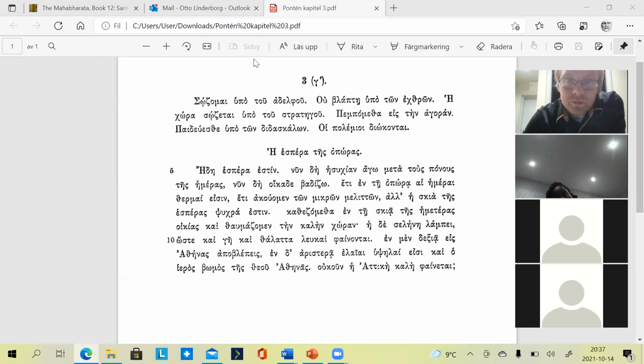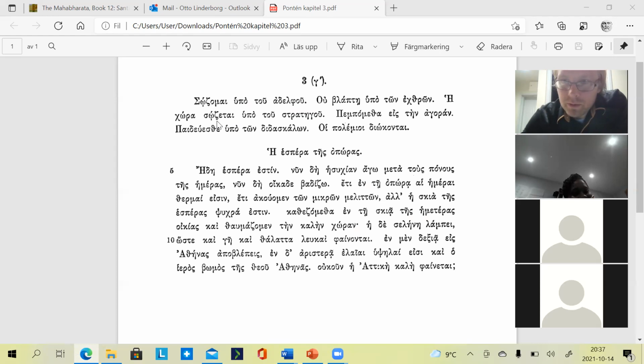Perfect. Okay. Third sentence. He chora zodzetai hypo tu stratego. What do we have here? Christina, yes. The country is saved by the general. Yes, exactly. So we have so far only passive forms of the verb, but now we have a verb in the third person singular. So first person singular, second person singular, and here we have third person singular.